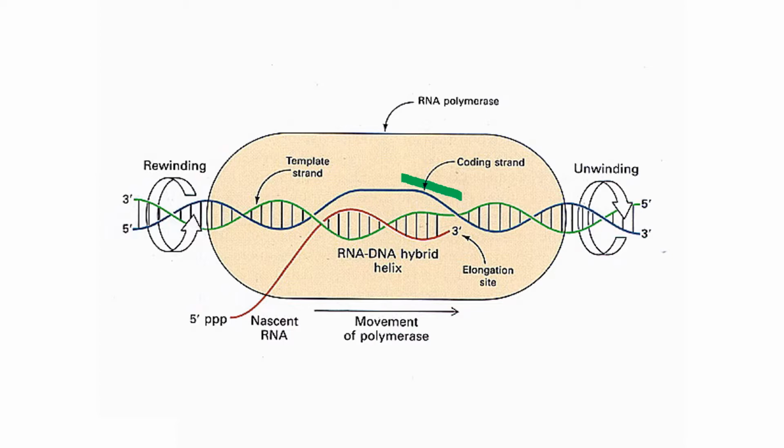So the two DNA strands have been unwound just in this region, and we have that growing nascent mRNA transcript, and you do see again that 5' triphosphate that will be retained in the final product.